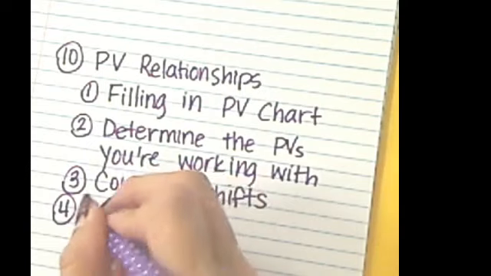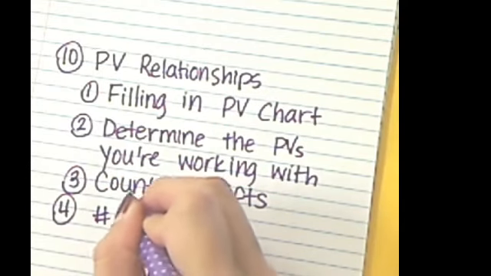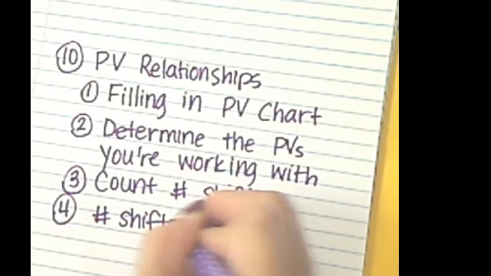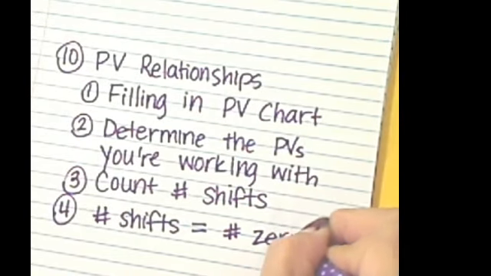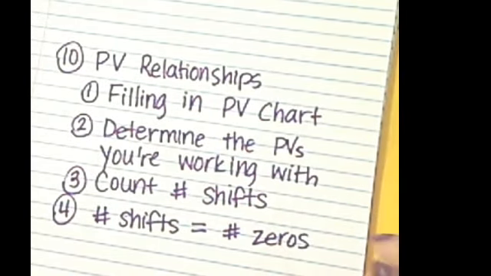The number of shifts is going to equal the number of zeros in your answer. And we'll explain that in just a minute. But very simply, the number of shifts is going to tell you how many zeros are in your answer.